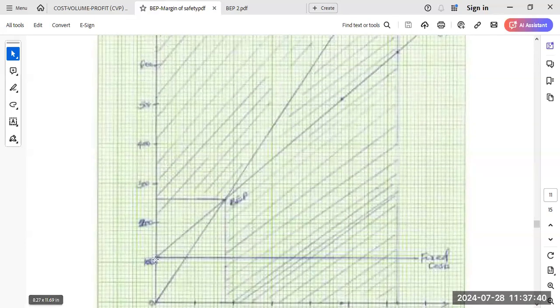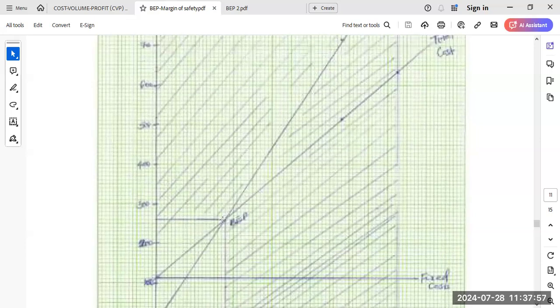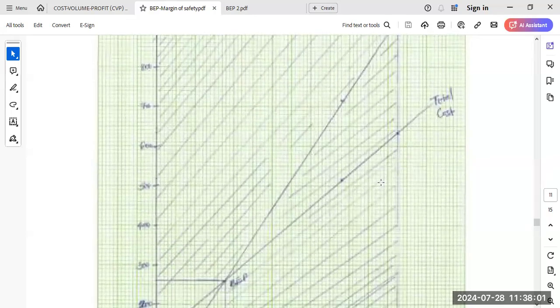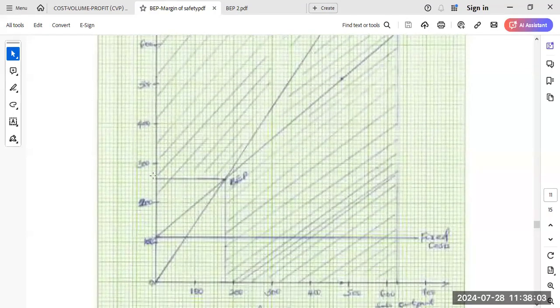So you will stand here, then join these 2 points using a straight line. Use a ruler to make a straight line. Then once you're done with that, you will have a meeting point where total revenue meets total cost.